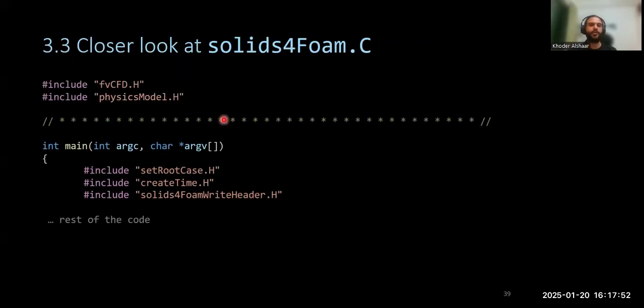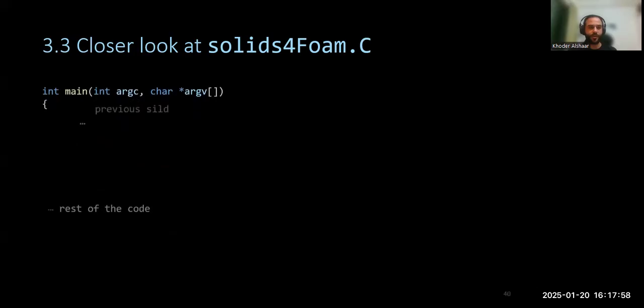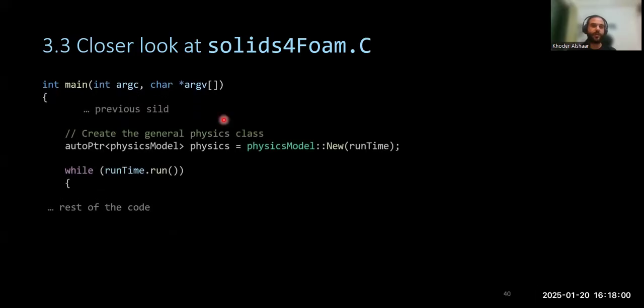So another look at the solids4Foam top level or higher level code. The main function will start with creating an object of the physics model using a runtime selection table.